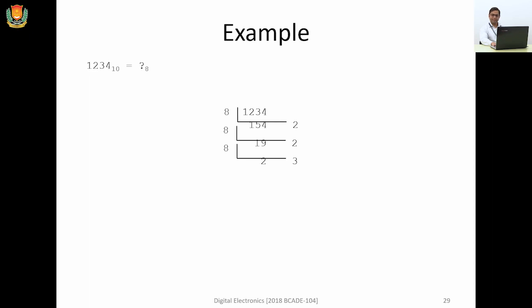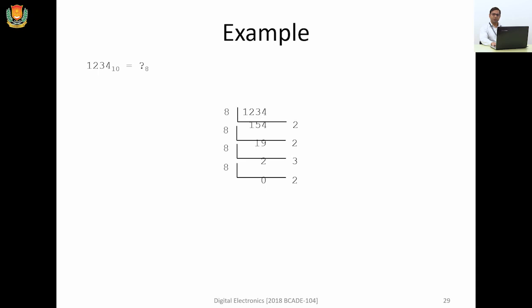Again 19 is divided by 8. It is completely divisible 2 times, and the remainder is 3. Again 2 is not greater than 8, so it is completely divisible 0 times, and the remainder is the same, 2. Now what should be the right manner to take the octal equivalent?